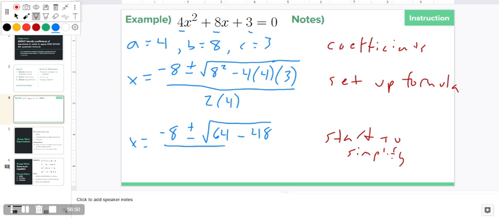And divided by 2 times 4 gives us 8. And let's do one more step here, and then I'm going to erase my screen, and you guys can keep working downwards, but we'll have x is equal to negative 8 plus or minus, and let's simplify this 64 minus 48 here, the square root of 16 all over 8.